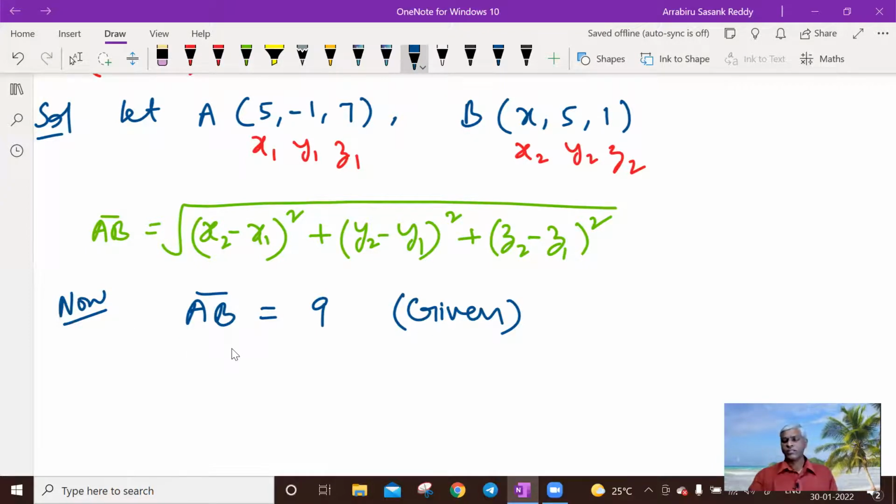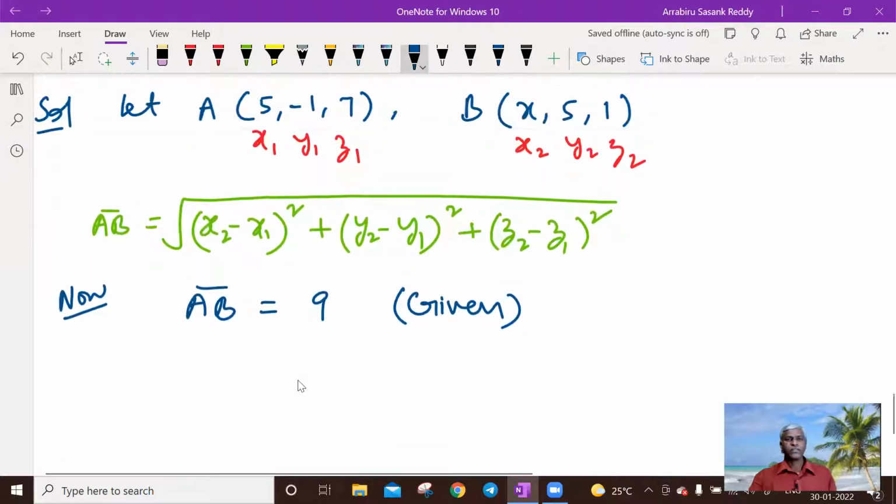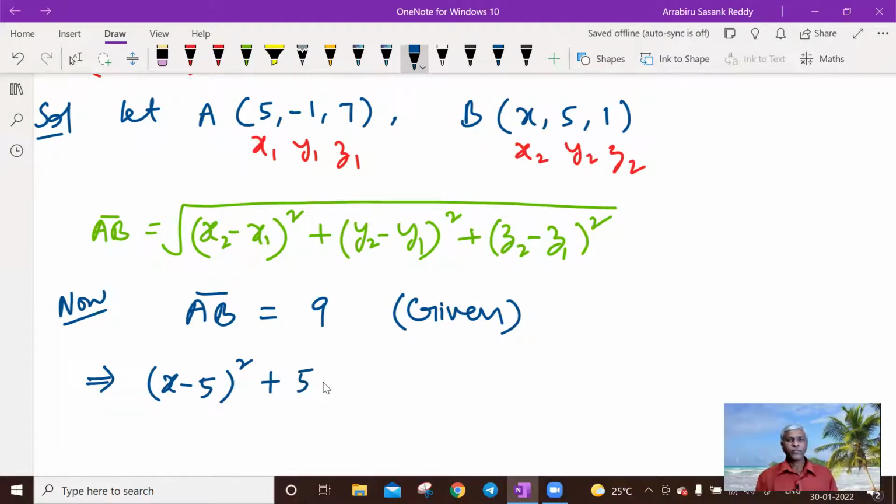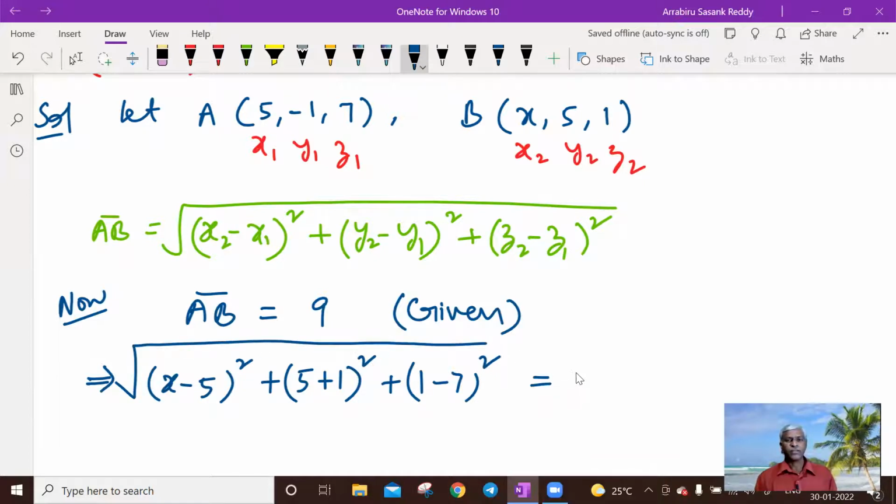Squaring both sides, otherwise you can write as it is. Now AB, x2 minus x1, here x minus 5 whole square, y2 minus y1, 5 minus minus 1, 5 plus 1, z2 minus z1, 1 minus 7, under root is equal to 9.